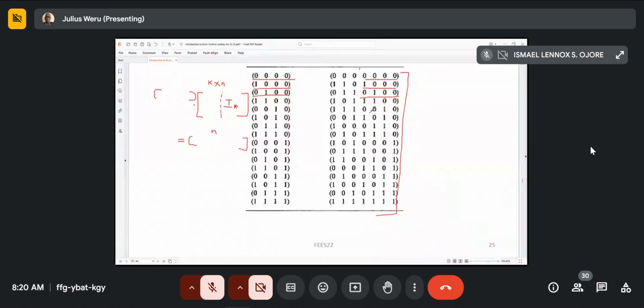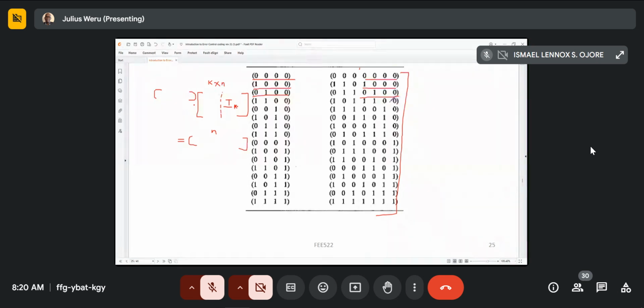Now, one thing we are going to see is this thing is a linear code, in that if you add any two code words, you produce a code word.